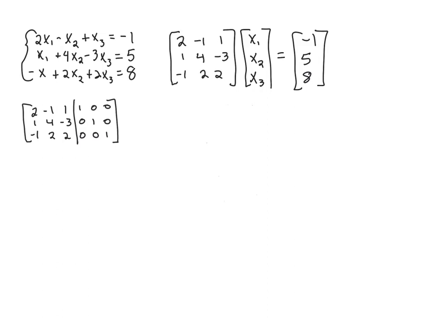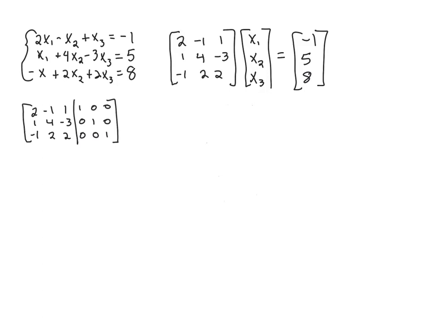So I want to get two zeros in a column. And because this minus 1 and these are both positive, it's going to be really easy to get 2 zeros in column 1. Never, ever, ever start by getting 2 zeros in a row. You're wasting time. You're going to lose one of those zeros when you do more row operations. You want to get 2 zeros in a column.